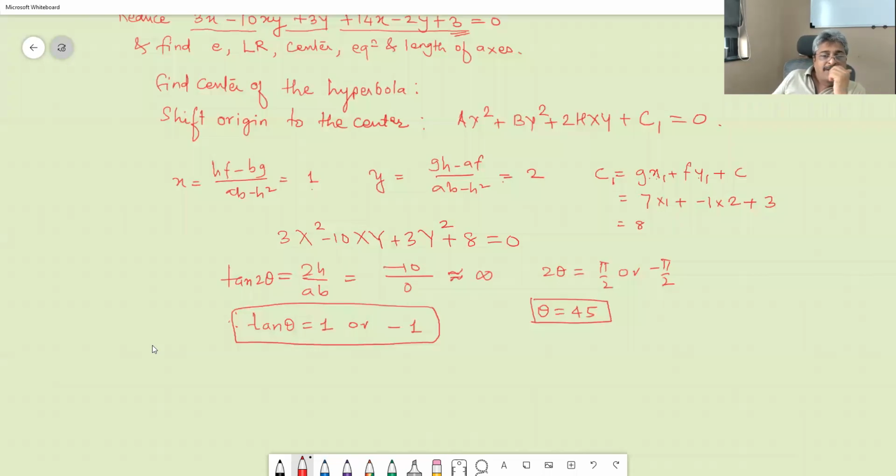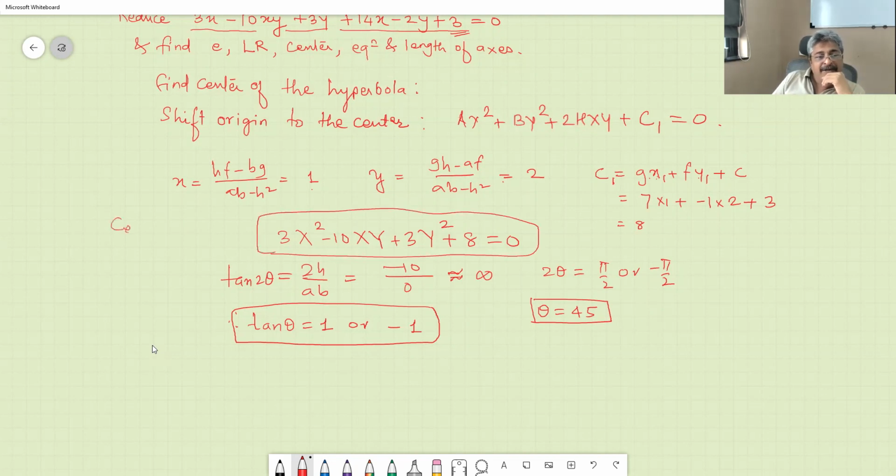Okay, what divergence? Now your center of this conic section, this is a conic section whose center is at origin.